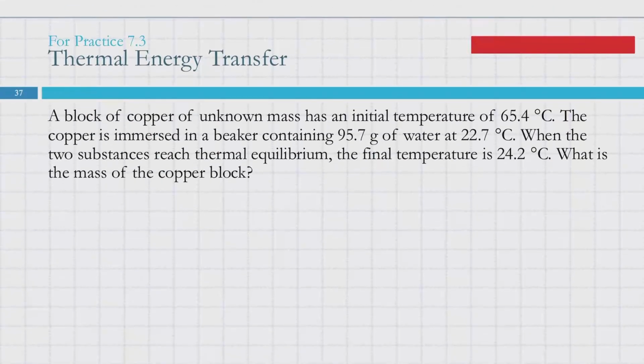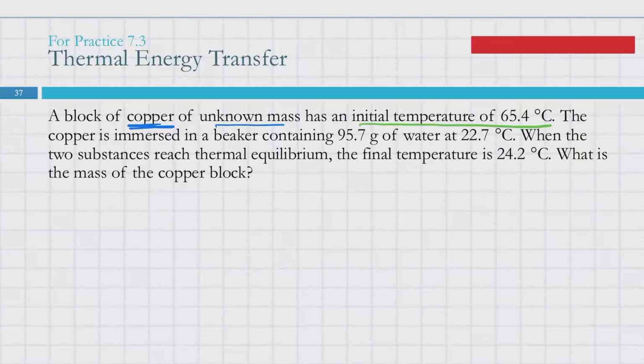So let's say that we've got a block of copper. Copper is an important thing to know here. We don't know the mass of the copper block. It's got an initial temperature that's given to us.